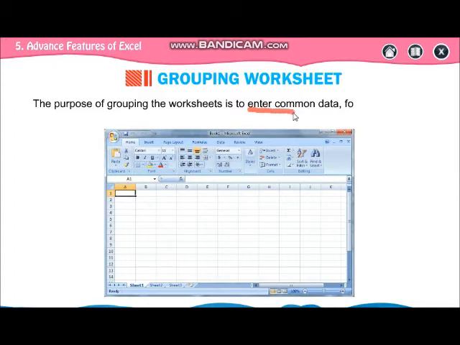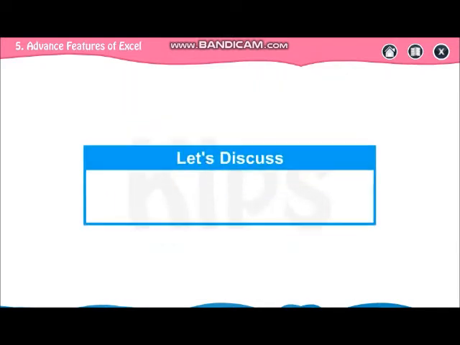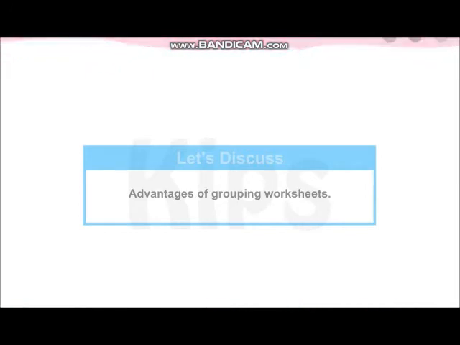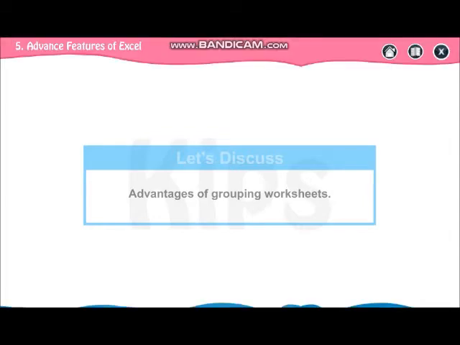That common data can be entered after grouping the worksheets. So the main advantage is that you can type the data in one sheet and automatically all the sheets will reflect that data.